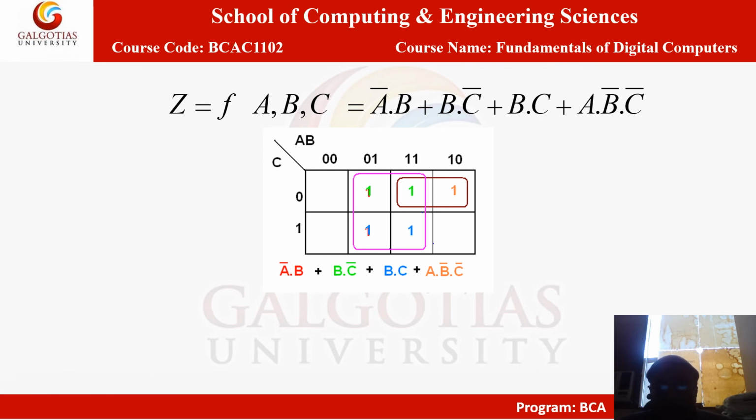Now these 2 have A equal to 1 and C equal to 0, so they will be represented by A dot C bar. So B plus A dot C bar will be the answer. Look here, this is the answer. B plus A dot C bar. Is it clear?